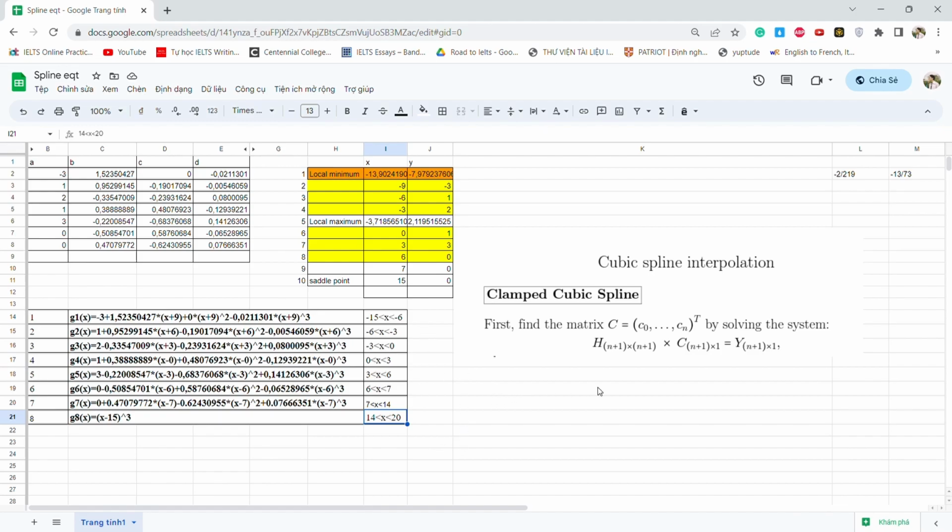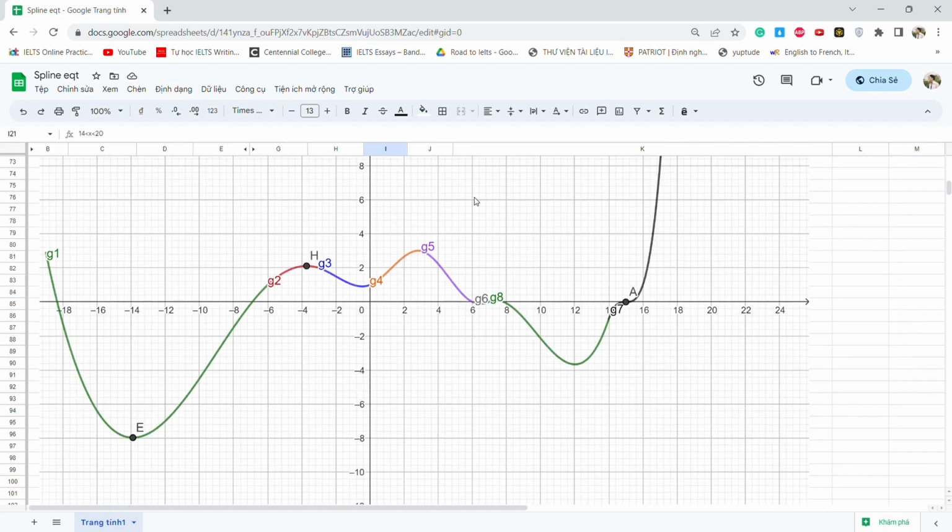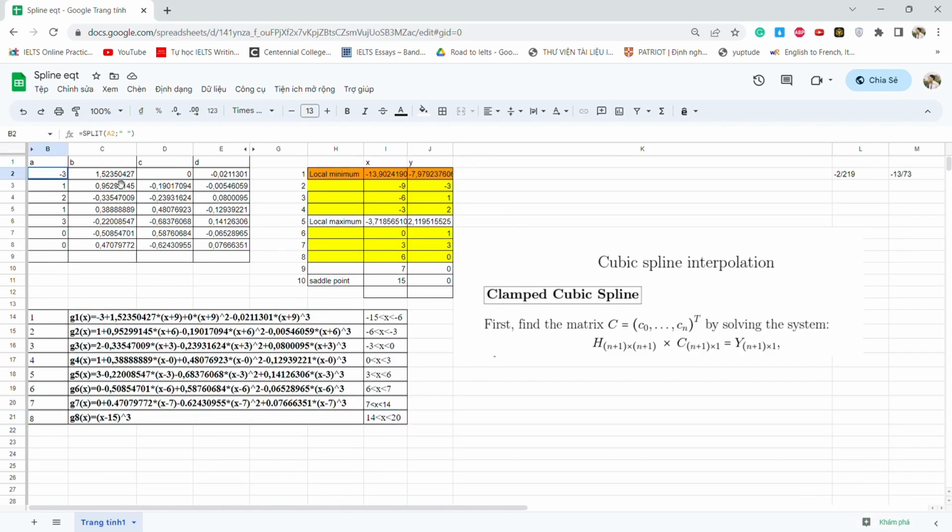With these conditions they connect together, and there's our graph. You see, they go smoothly together and connect inside one graph. So that's our data point.